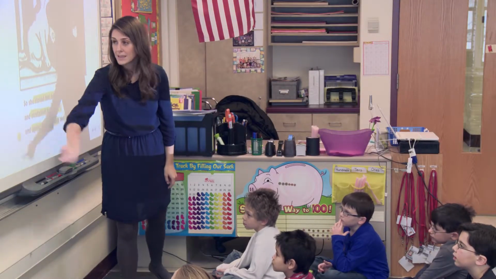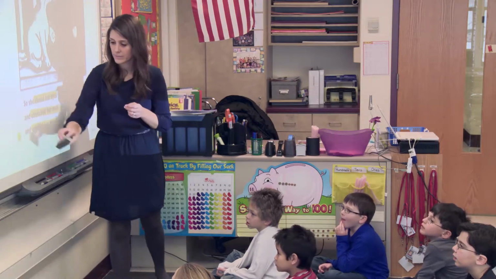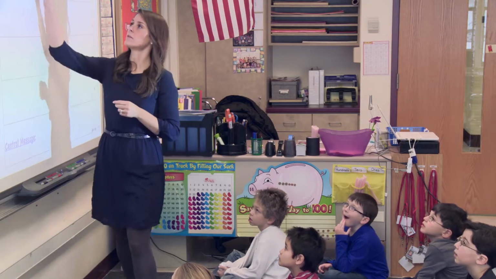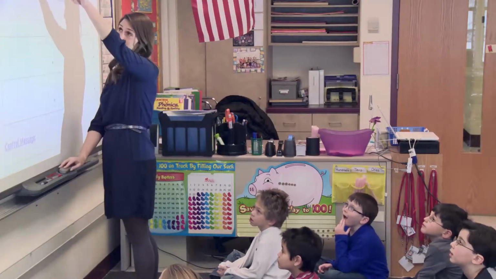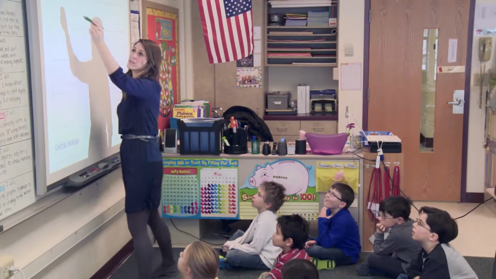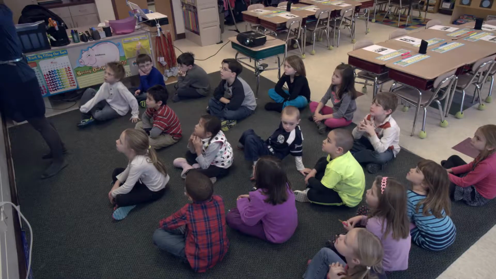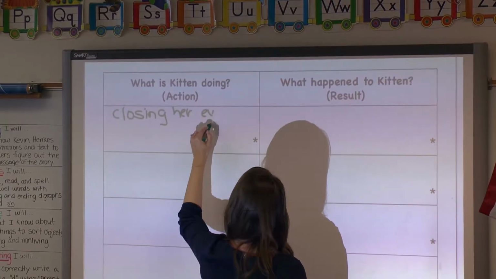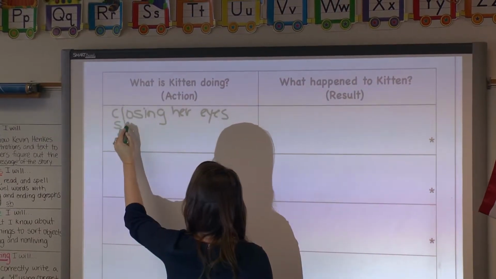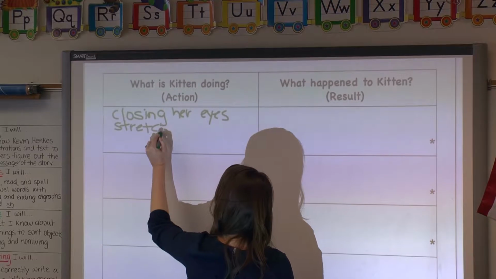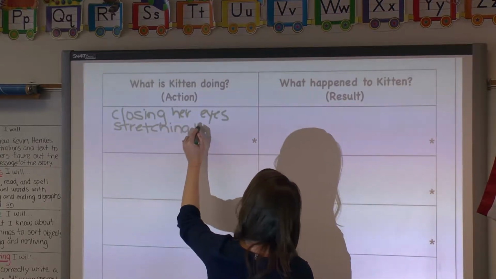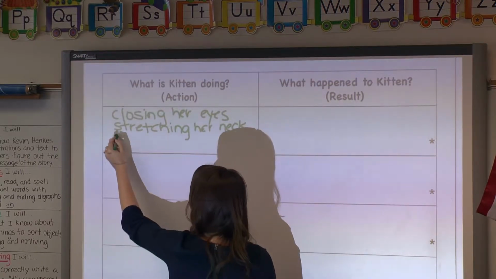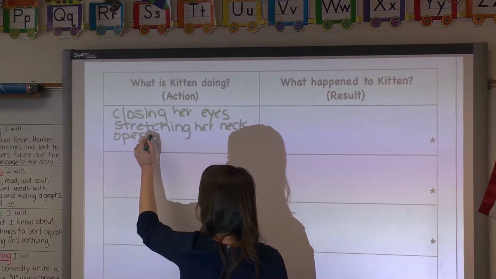I'm going to write these things in a chart. Okay? So it says, what is kitten doing? So on that page, we saw that she was closing her eyes, stretching her neck, she opened her mouth and licked.